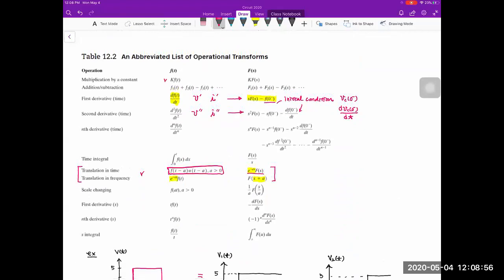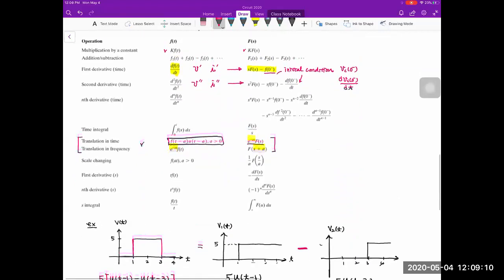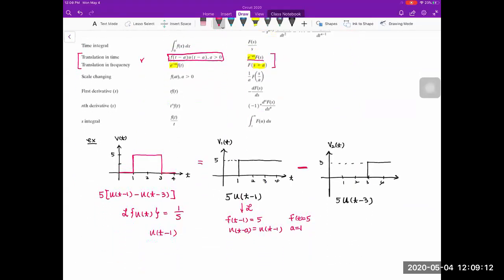Meaning if you have 5 times u(t), the constant k carries through to the Laplace transform, it will be 5 times F(s). So the Laplace transform of u(t) is equal to 1 over s.